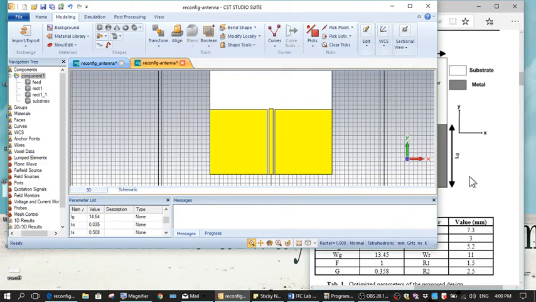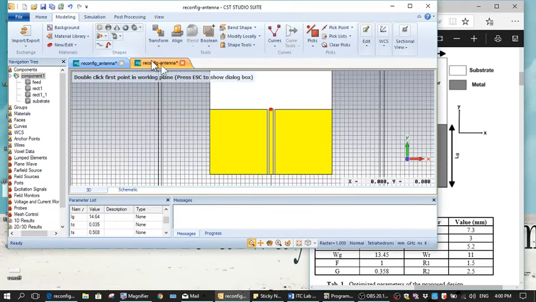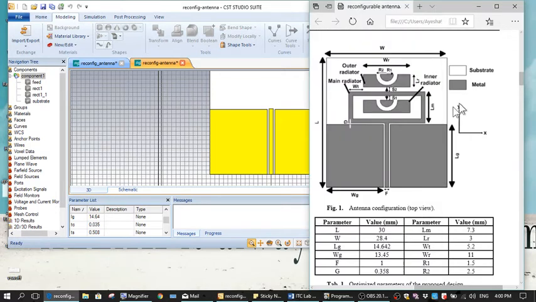Now we will make this ring right here, which I will call main radiator. For that, let's make a brick and call it main radiator. And let's see the dimensions.